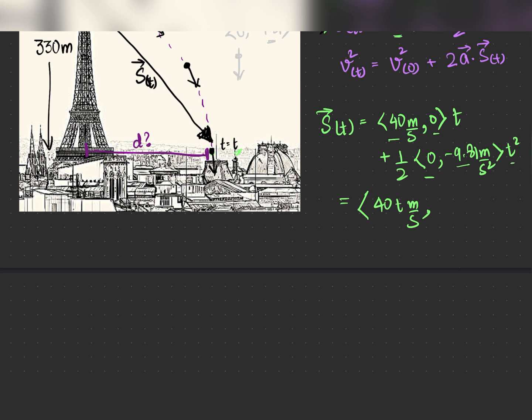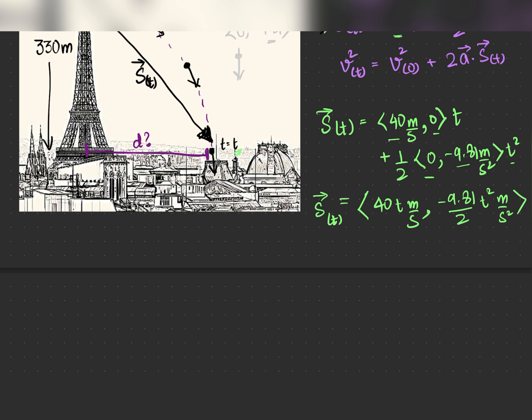So that will make it negative 9.81 by 2 t squared in meters. And that is going to be the displacement vector at time t equals t.